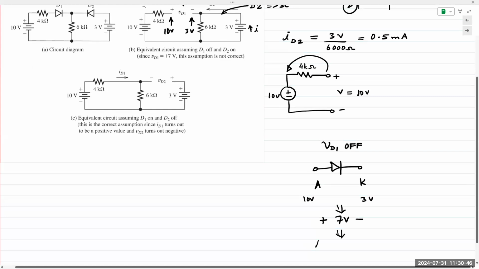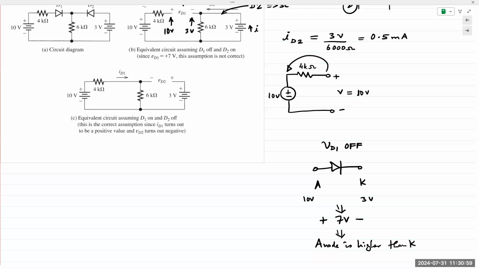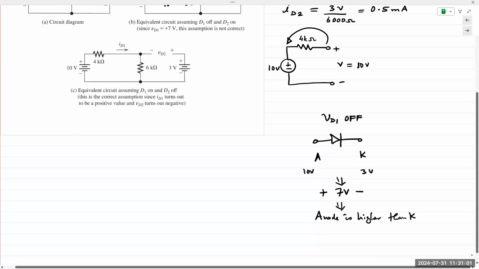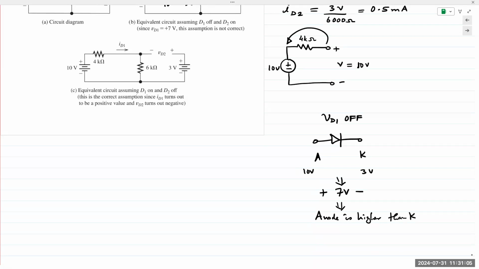So here, let me write it out. Anode is higher than the cathode. This is the result of the analysis based on my assumption at the beginning. Let's take a pause, a longer pause. Think over that.